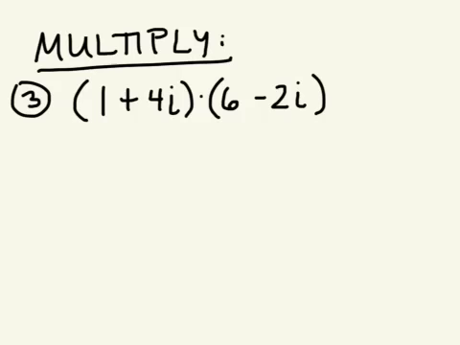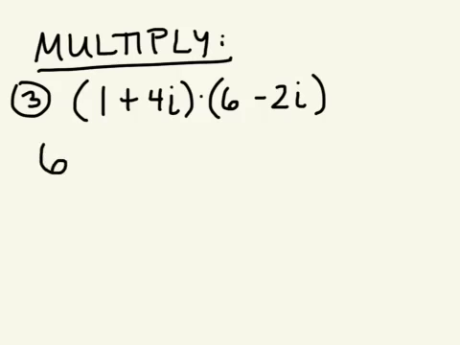Now let's look at multiplication with complex numbers. Again, when we multiply two complex numbers, it's the same as we would do with regular binomials. We want to FOIL. So let's multiply the two front terms to get our front product. When we do that, we end up with 6 as a result of 1 times 6.